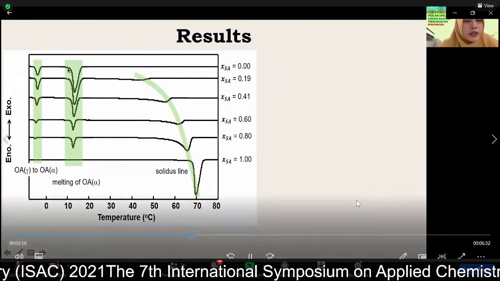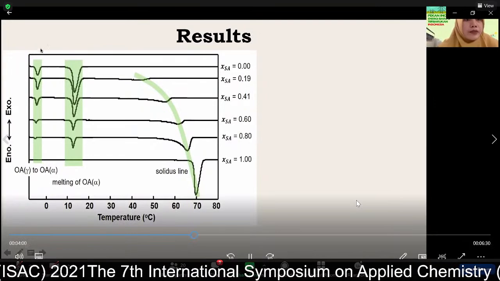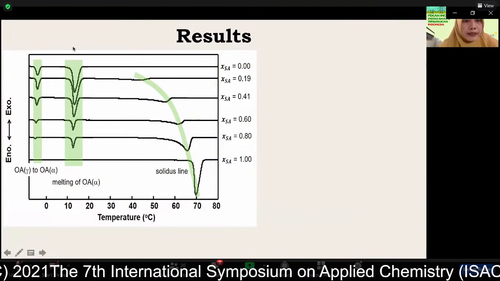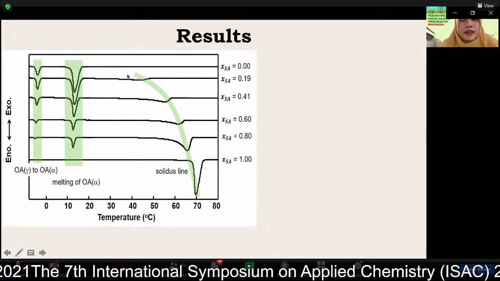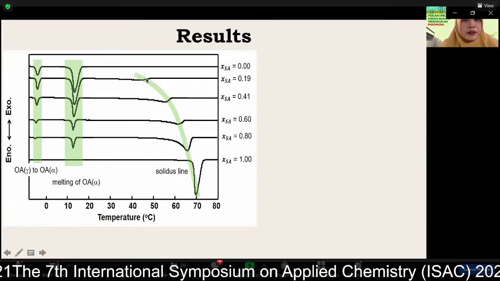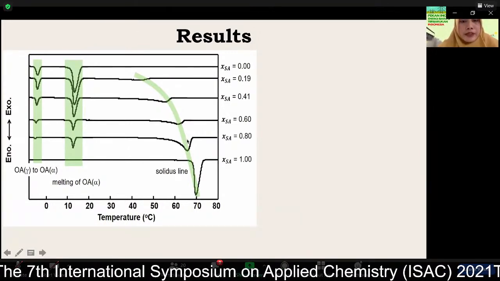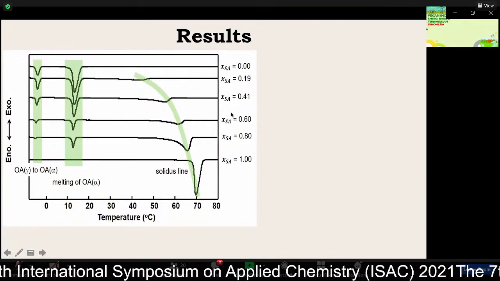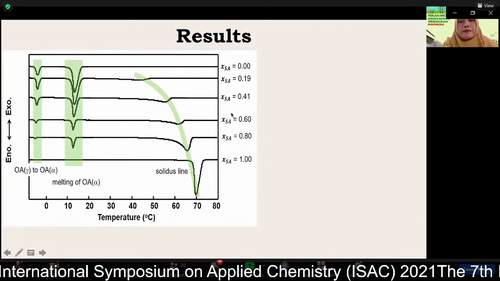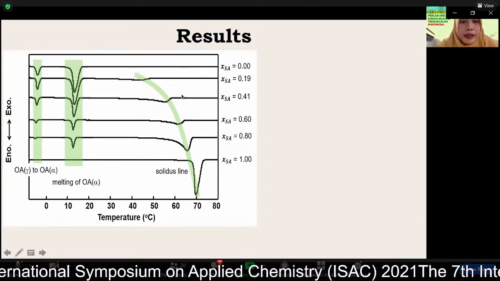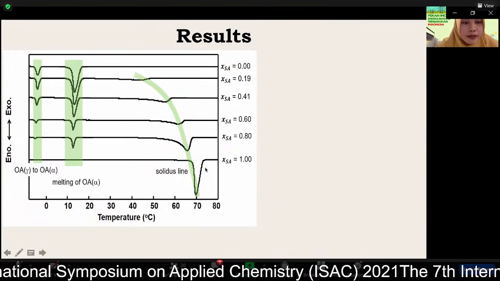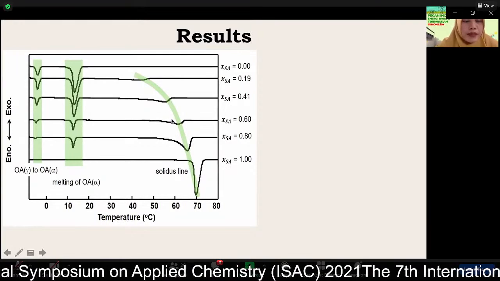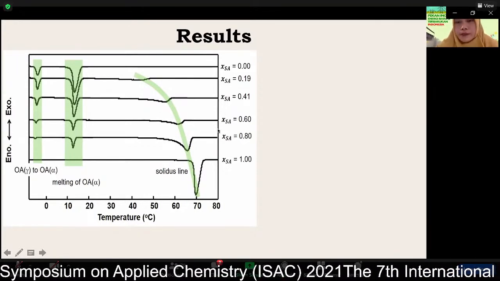These two peaks show that there is a polymorphic transformation from gamma form to alpha form of oleic acid. While for stearic acid, the melting temperature shifts to higher temperature by increasing the fraction of stearic acid. And the peaks also became sharper by increasing the fraction of stearic acid. This shift is due to the massive crystal matrix in the mixture.